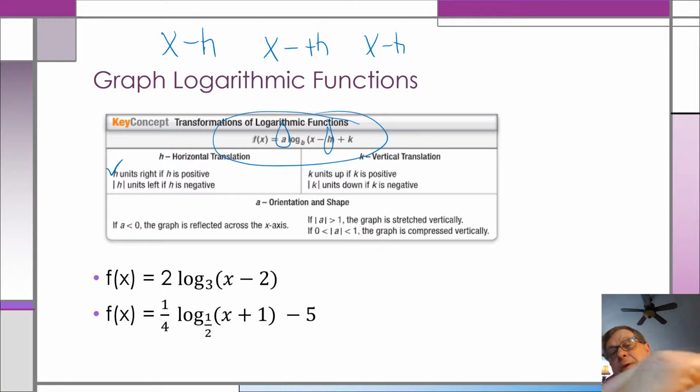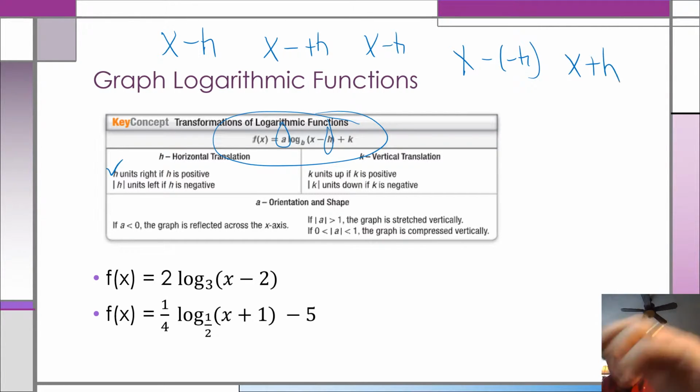Actually, the way that would appear would be x minus negative h, which then we would see written as x plus h, if you catch the drift of that. And that's going to shift it to the left, towards the negative side, because in fact h is negative, even though it appears to be positive. I know that can be confusing sometimes.